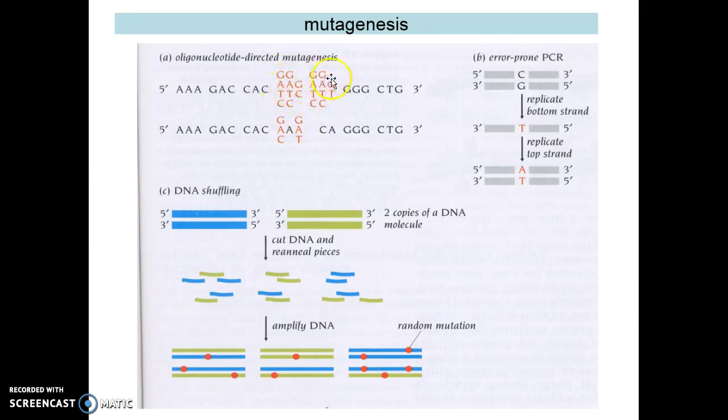In these two regions, the corresponding amino acid will be 20 different types. So in total, 20 by 20, giving 400 different types, will be produced.